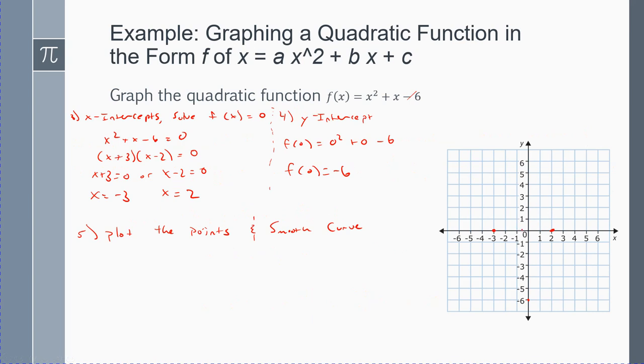So here's -1/2 right here, and 6.25 is roughly right here. And then you can see, just recall, there's a mirror reflection of this point right over here. And then just a smooth curve through.